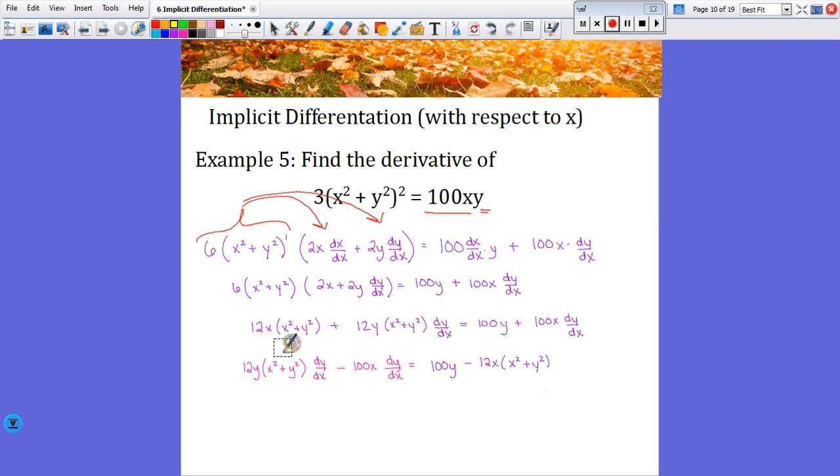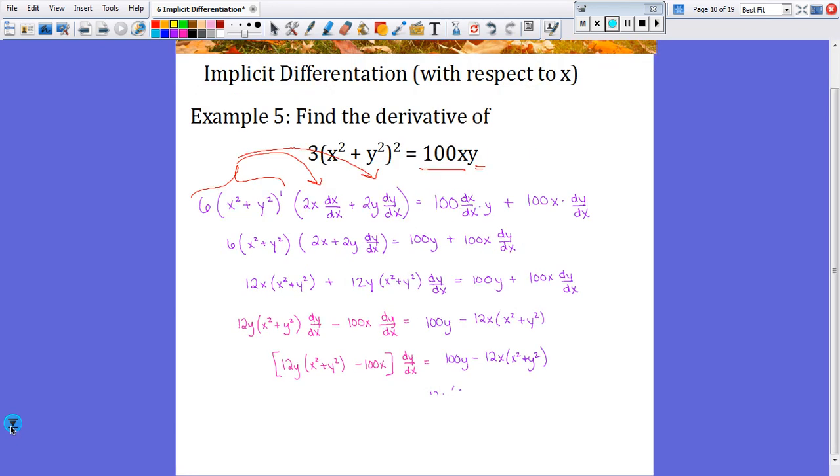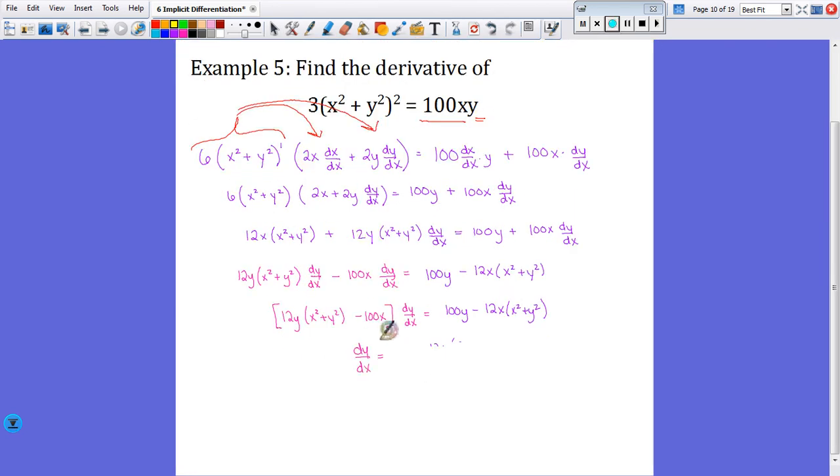This moves to the right, so it's negative. From here, we're going to isolate dy dx by taking the greatest common factor out of these two things. So we've got 12y times x squared plus y squared minus 100x times dy dx equals the right-hand side. And then we are going to isolate dy dx by dividing both sides by your bracket.